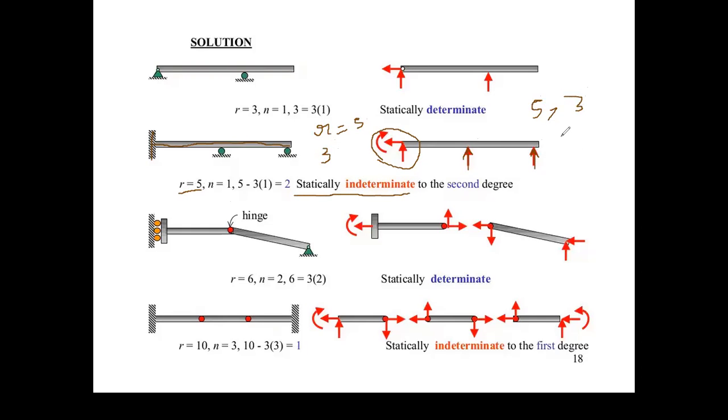So the degree of indeterminacy is 5 minus 3, that comes out to be 2. The beam is statically indeterminate to the second degree.